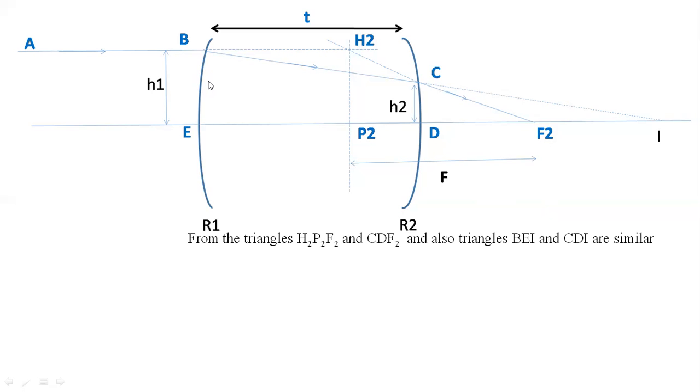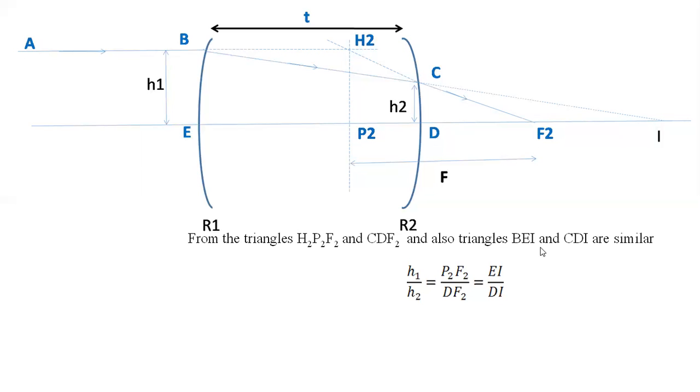Second one is BEI and CDI. Therefore, the ratio H1/H2 is equal to P2F2/DF2. In the triangles H2 P2 F2 and CDF2, H2P2 is nothing but H1.